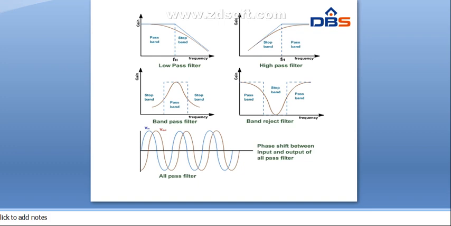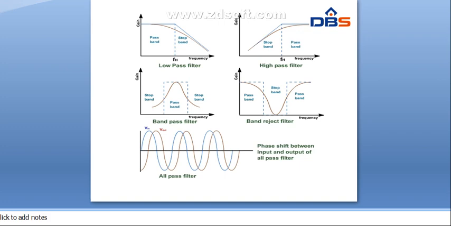This is the low pass filter frequency response. See the ideal graph and the practical graph. These are the frequency characteristics of the low pass filter, where FH is the cutoff frequency.